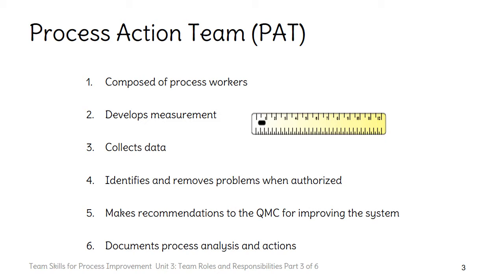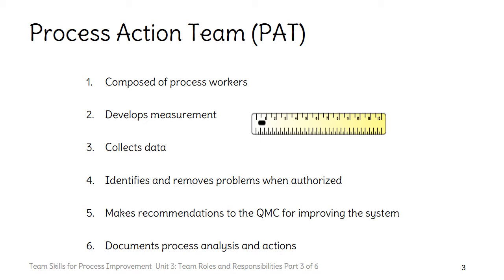PATs are teams created to satisfy a short-term requirement to help the QMC with data collection and analysis for the establishment of process stability, process capability, and the long-term requirement of continuous process improvement.